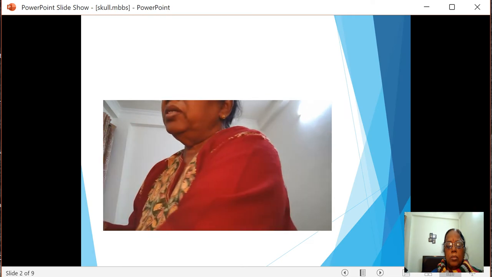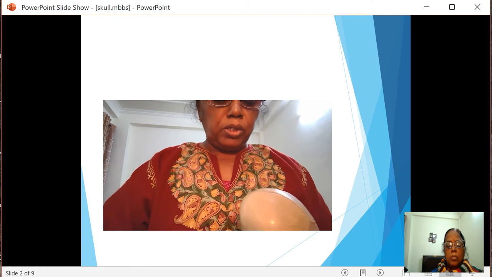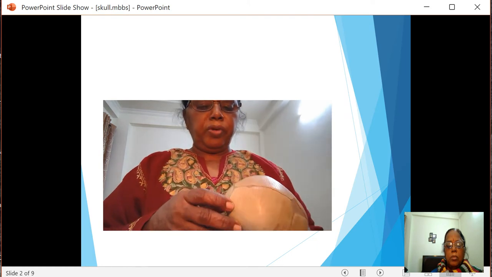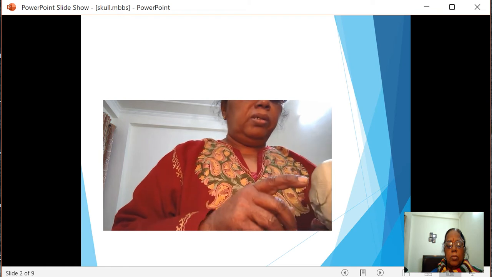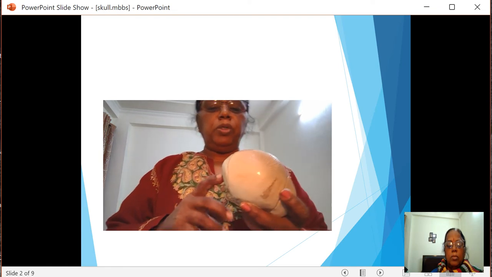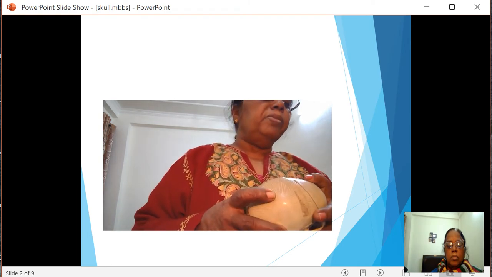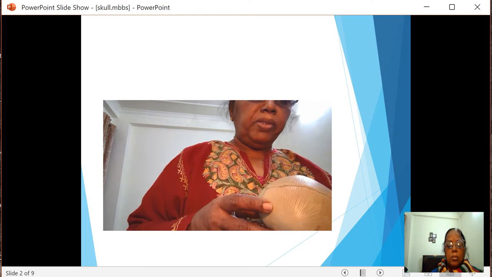Then comes the other diameter, that is suboccipitofrontal. Here the first point, the posterior one, is again the suboccipit, that is below the occipital protuberance, and anteriorly the anterior end of the bregma. This diameter is 10 centimeters.